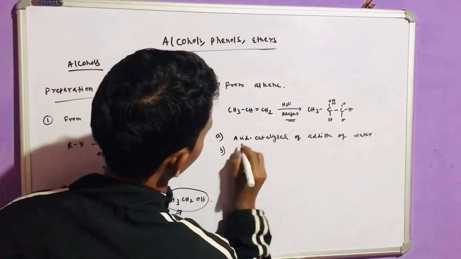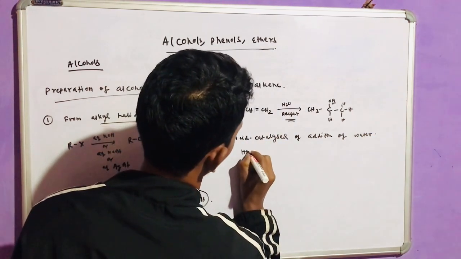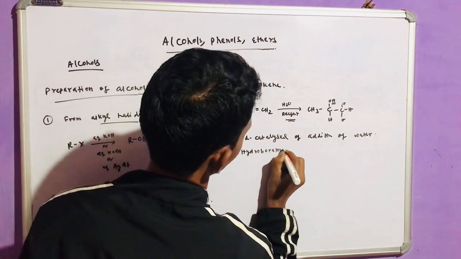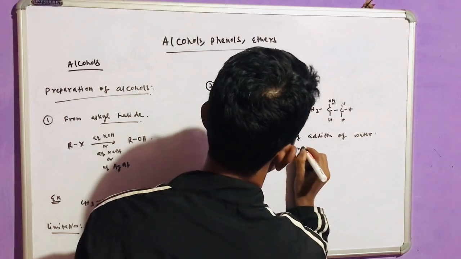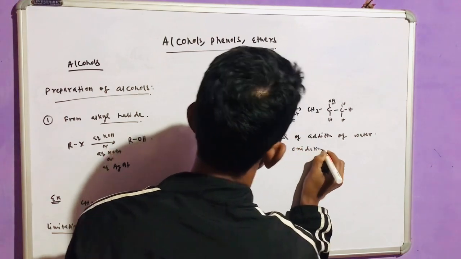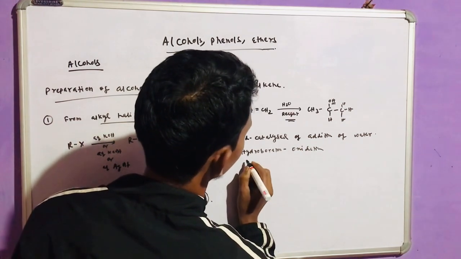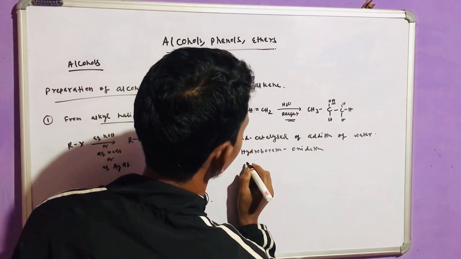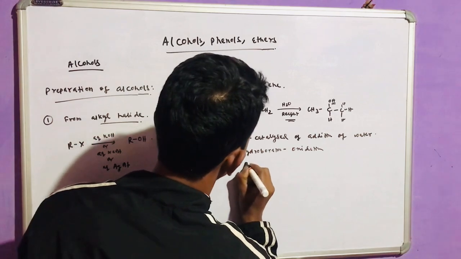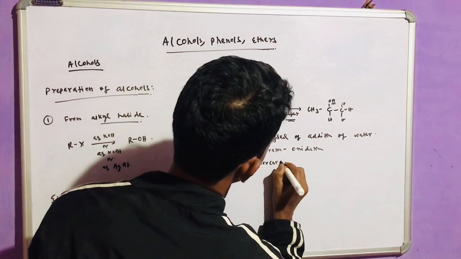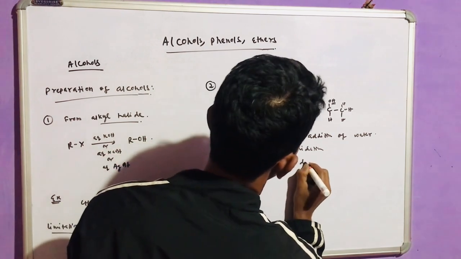And third is hydroboration oxidation. And another way is oxymercuration and demercuration.